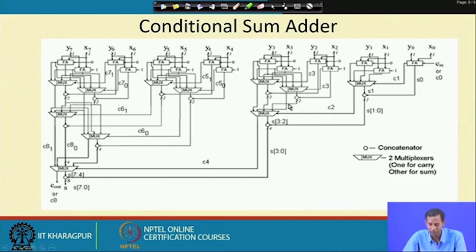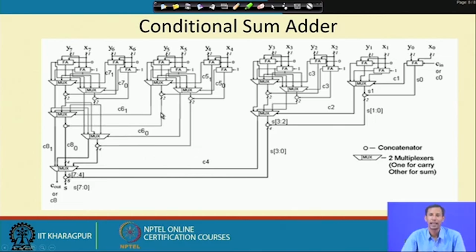As this sum is concatenated with these particular sums, I will get 2 sums here, and that will concatenate with the previous 2, and from here I can compute the last 4 bits of sum and the corresponding carry out bit.